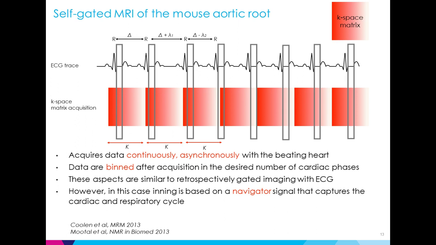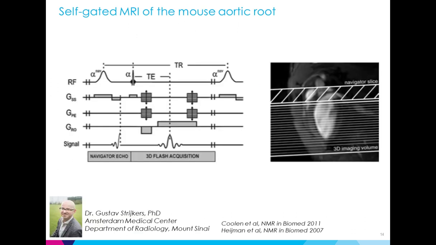So it's very useful in these small mouse models to actually use self-gated approaches, which I will go into in a minute. And in this case, binning is basically based on a navigator signal that captures the cardiac and respiratory cycle and doesn't need the use of any external devices such as ECG electrodes.